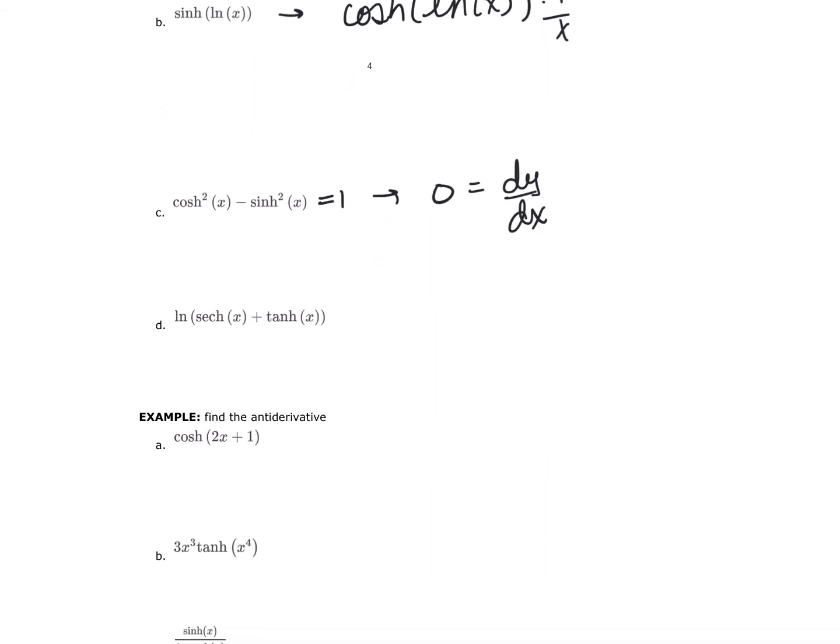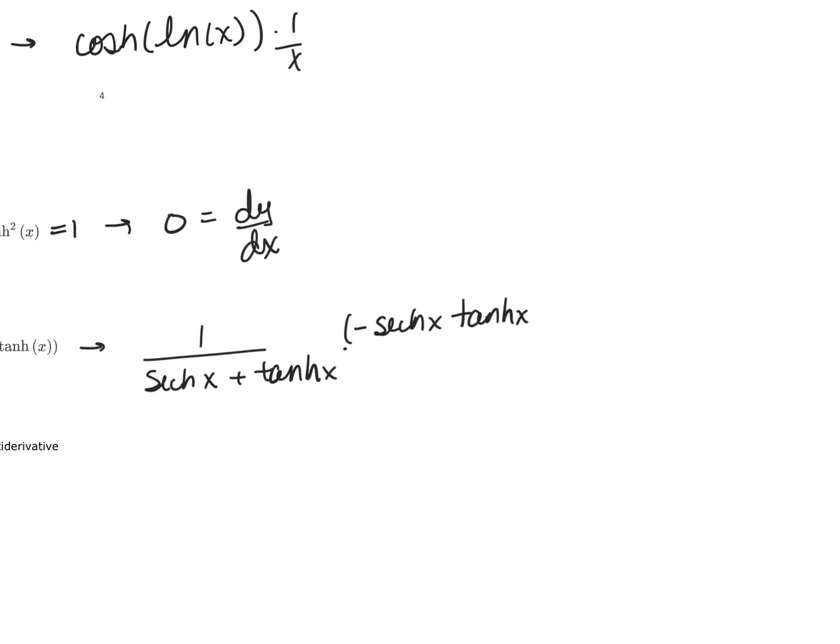Now, when I have the natural log of the hyperbolic secant plus tangent, its derivative is going to be 1 over, just like we normally have the derivative of the natural log, is 1 over the value I'm taking the natural log of. So this will be the secant hyperbolic x plus the tangent hyperbolic x, multiplied by, because I have to use the chain rule, the derivative of each value, the hyperbolic secant and the hyperbolic tangent, which will be the negative hyperbolic secant of x, hyperbolic tangent of x, that's the derivative of the hyperbolic secant.